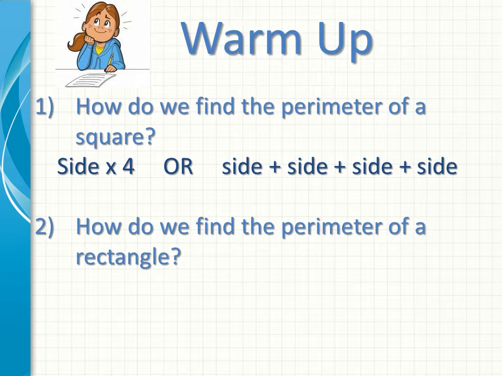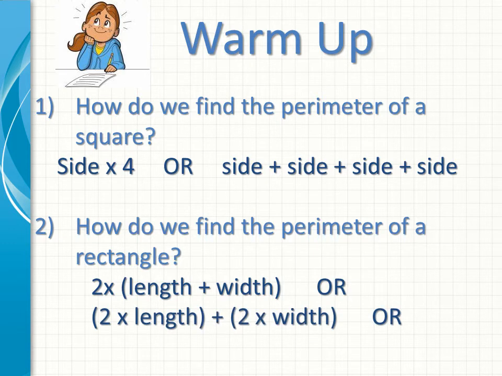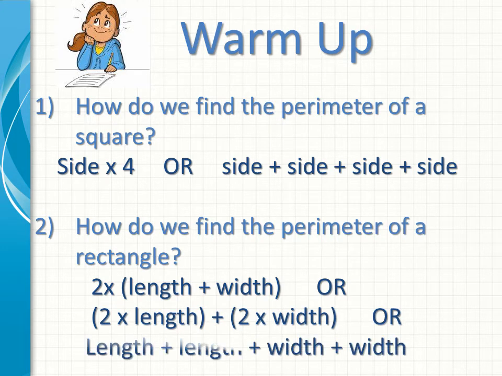That adds all sides of a square together. Now what about a rectangle? Is it different? 2 multiplied by length plus width. It is still the same thing as saying 2 multiplied by length plus 2 multiplied by width. And it's still the same thing to say length plus length plus width plus width.